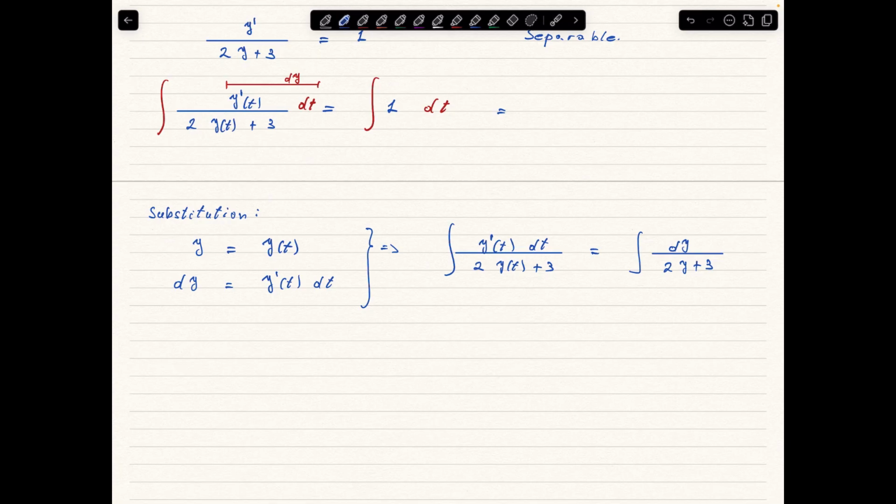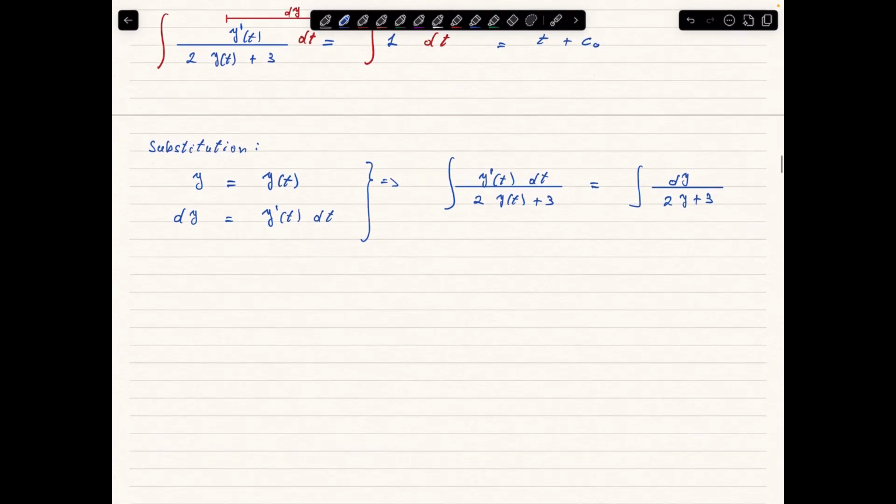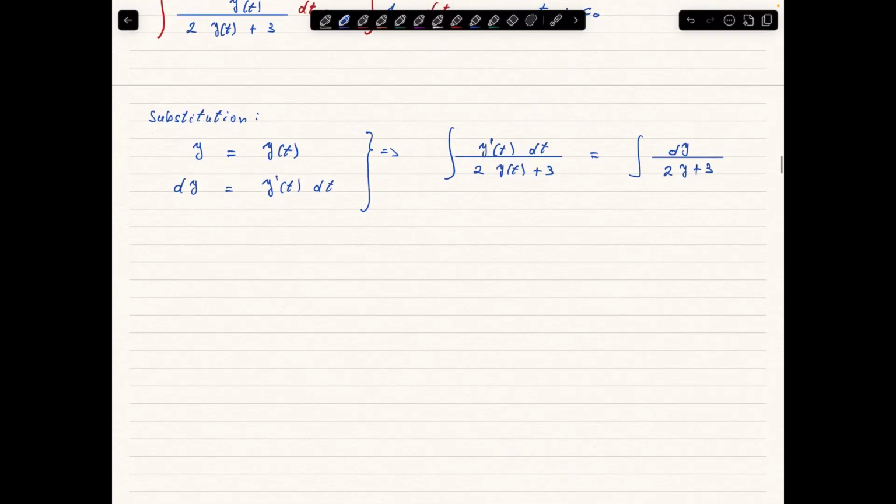This is just t plus a constant c0. So this is where we are. We have to do the integral. Let's write it down a little bit nicer: the integral of differential dy over 2y plus 3 equals t plus c0.